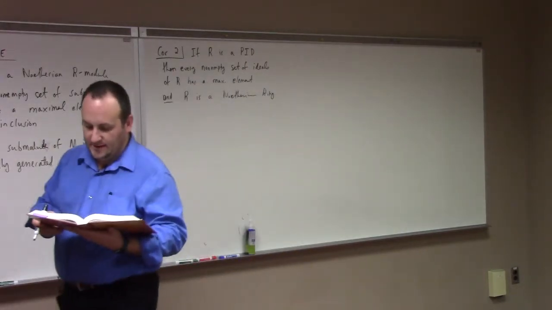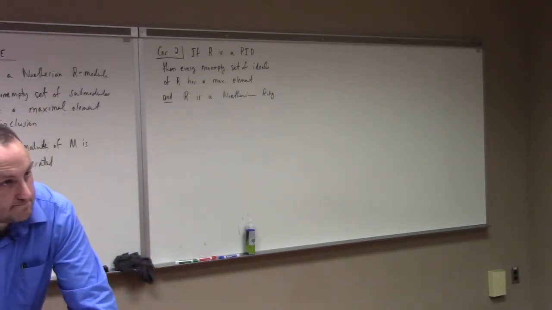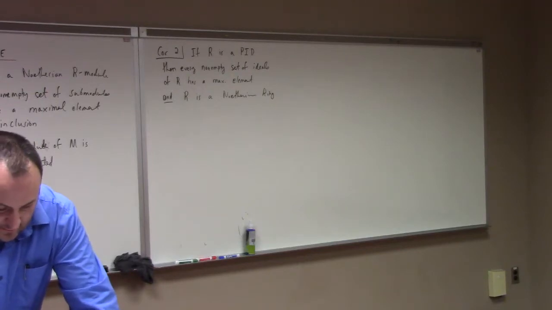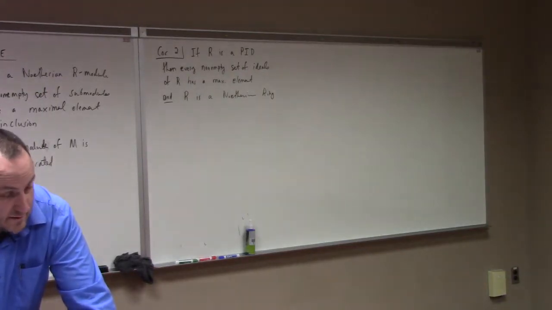All right, so in short, PID implies Noetherian. If we have a ring which is a principal ideal domain, then it is Noetherian.